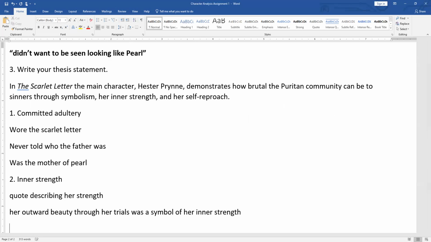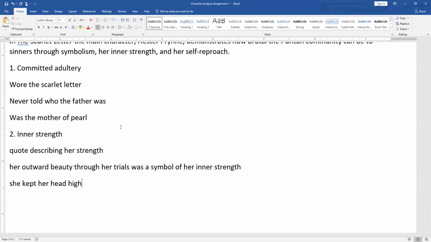Something like that. And then you may talk about how she kept her head high. Good grief, of course I'm recording how awful I am at typing. She kept her head high even as the townspeople, or I would say townswomen, condemned her. That was at the very beginning, so that'd be somewhere on like page 20.